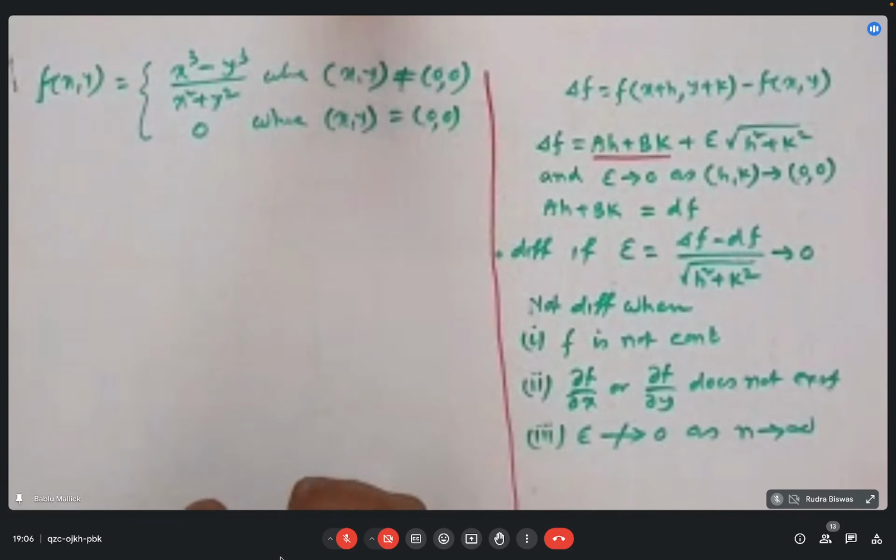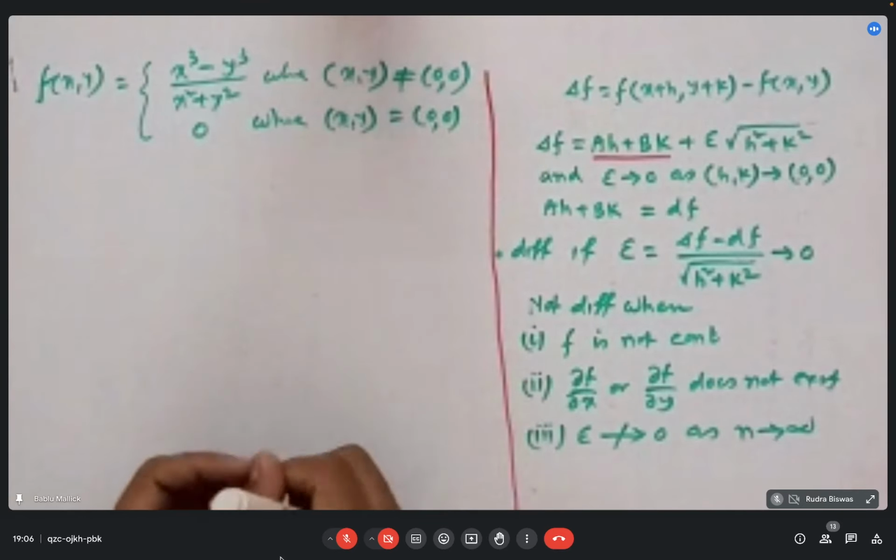Show that it is not differentiable at (0, 0).